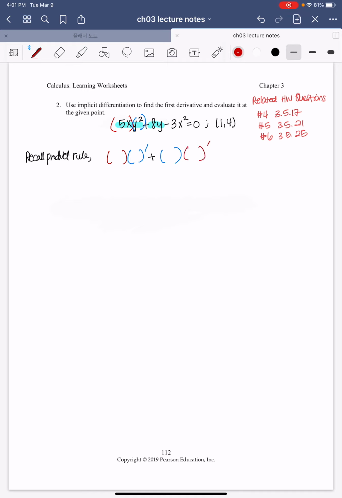So let's do that. That's going to be my derivative parts. 5x, now the derivative of y squared is 2y, but here's where the implicit part comes in, y prime, noting that I took the derivative with respect to y. Plus, just as it is, y squared. This one you do not need a y prime because I didn't take the derivative.